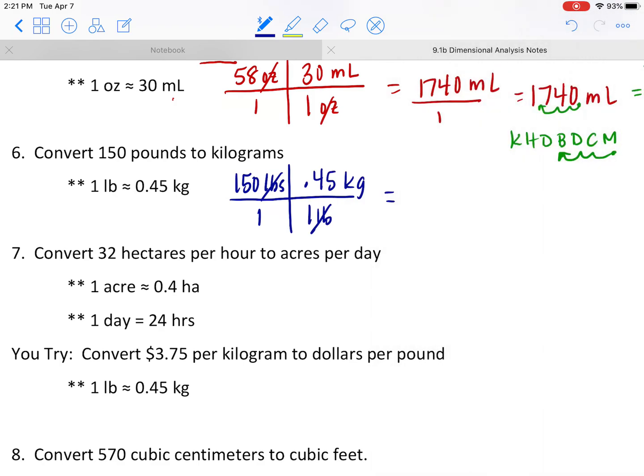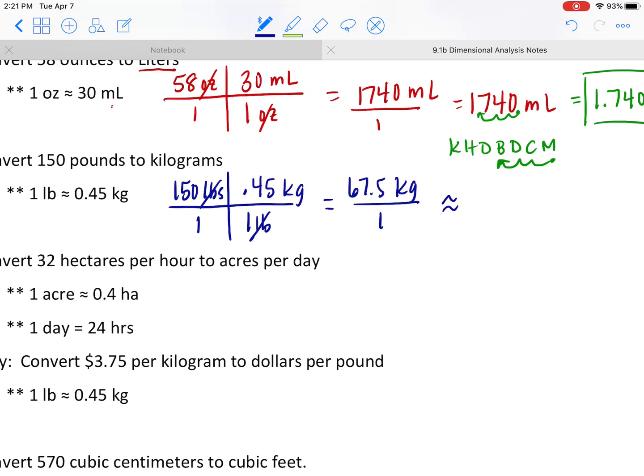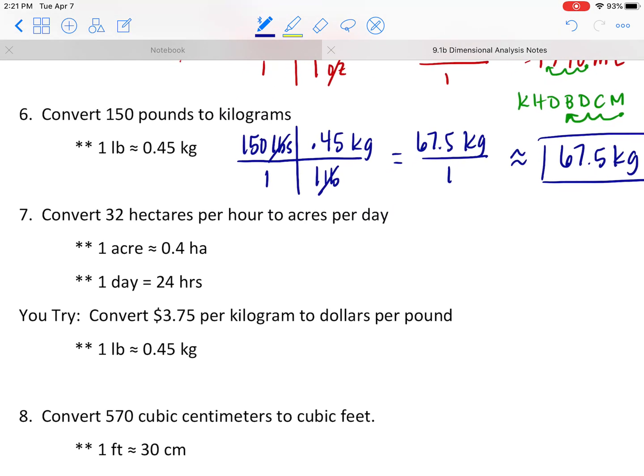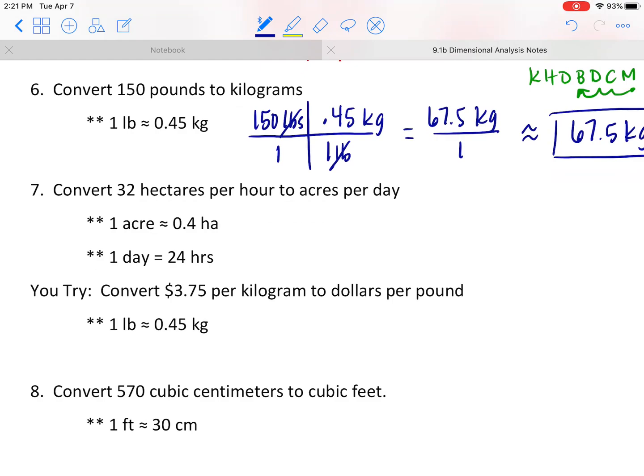If I put that 1 pound here, then the pounds will cancel. So this is 150 times 0.45, so 67.5 kilograms remaining. It's just 1 on the bottom. Again, I'm going to use the approximate because this is an approximate unit fraction. This is going to be about 67.5 kilograms.